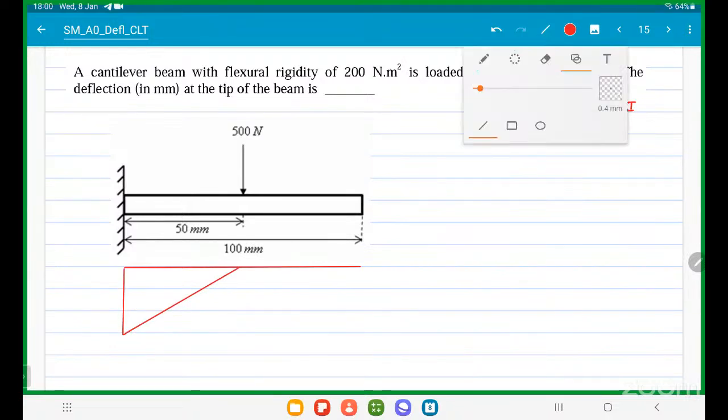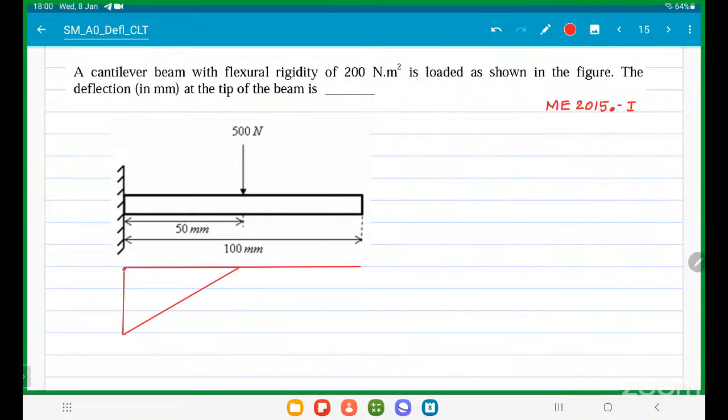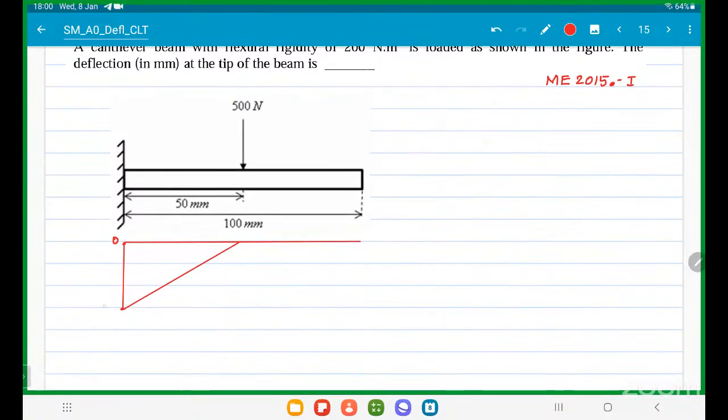What is the maximum bending moment? 500 into 0.05. They are asking deflection in mm. So 500 into 50, which means 25 into 10 power 3. I am writing only M. 25 into 10 power 3, M is equal to Newton mm.